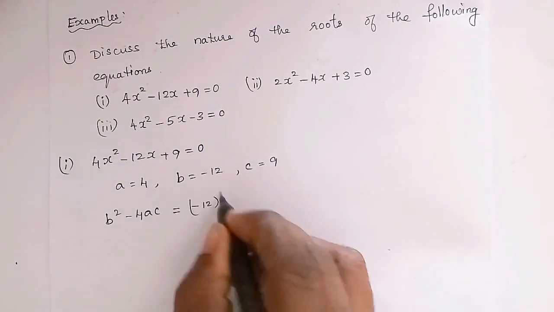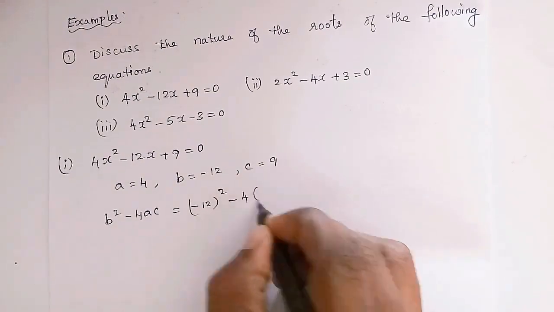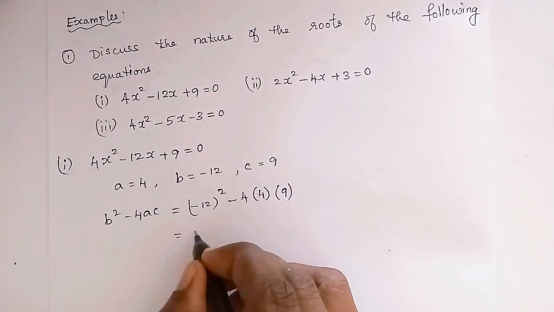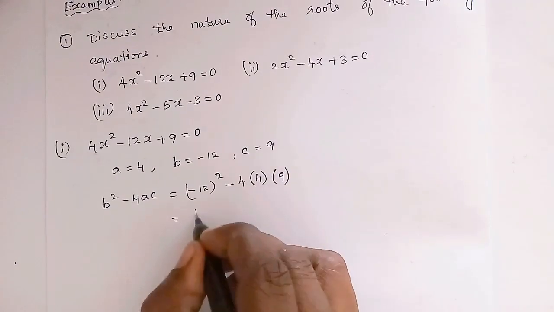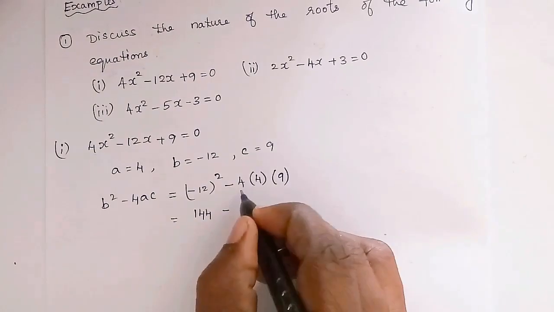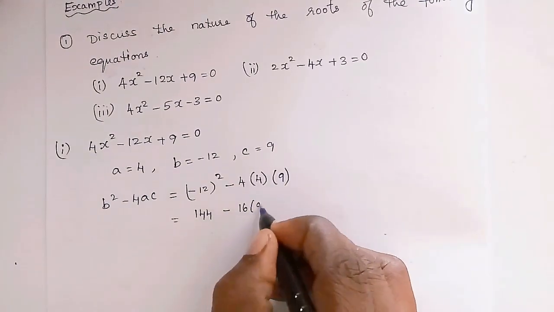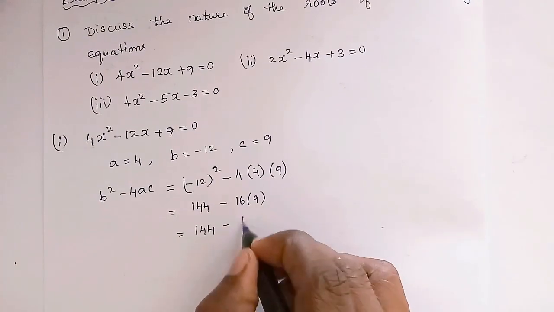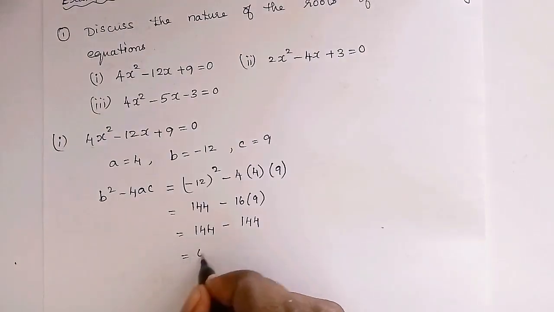Minus 12, so minus 12 whole square, minus 4 into a is 4, c is 9. That is equal to minus 12 whole square, which is plus 144, minus 4 4s are 16 into 9, that is 144, minus 16 9s are 144. So the answer you got is 0.